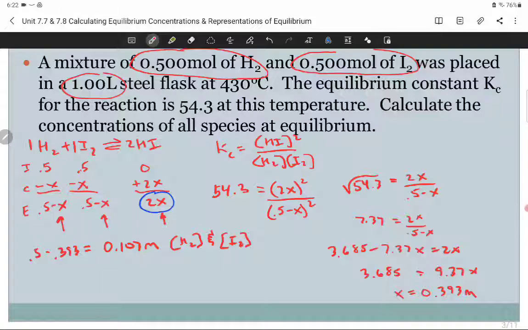And then all we need to do is multiply 0.393 times 2 to get the HI value, and that's going to give us 0.786 molar for the HI at equilibrium.